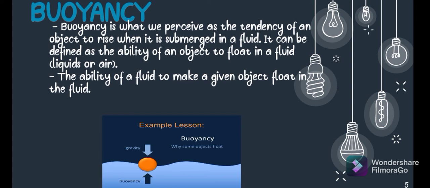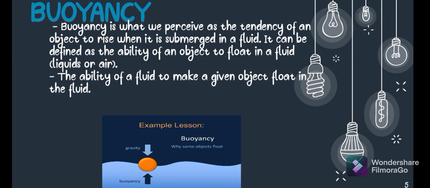According to Archimedes, buoyancy is the ability of an object to float. Also, buoyancy is the principle that explains why some objects float. And the buoyancy of an object is directly associated with the buoyant force acting on it.